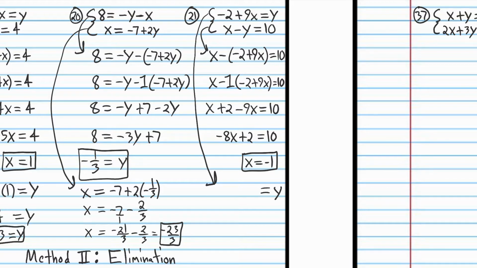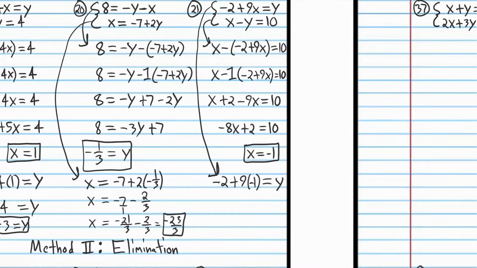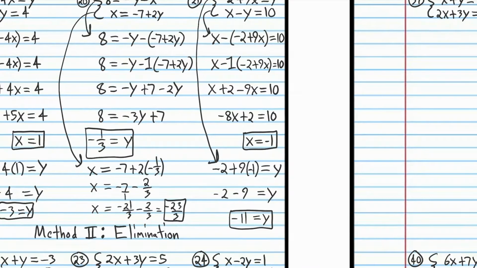Y is equal to 9 times -1 plus -2. Nine times -1 is -9, and we get -11. So if you got -1 and -11 for your answers, good job.